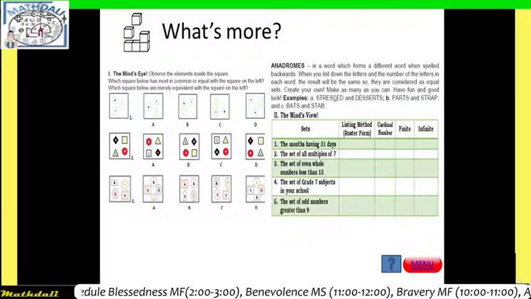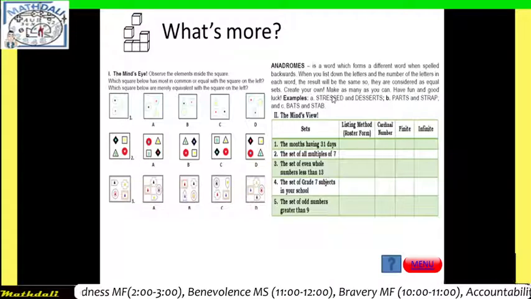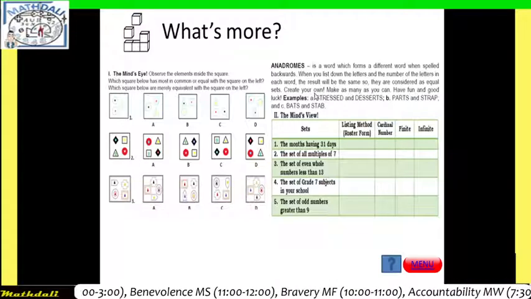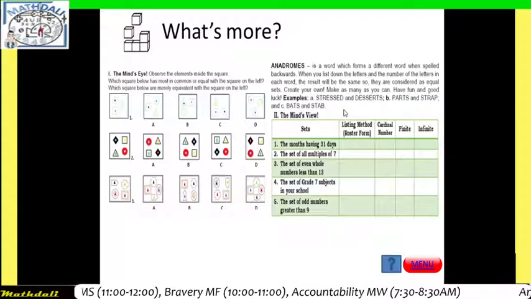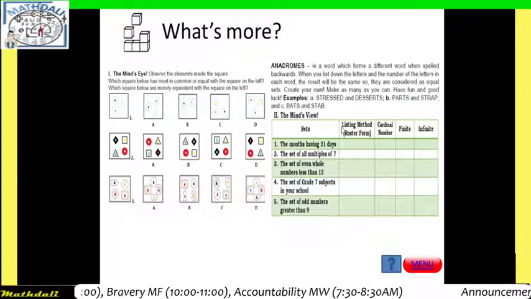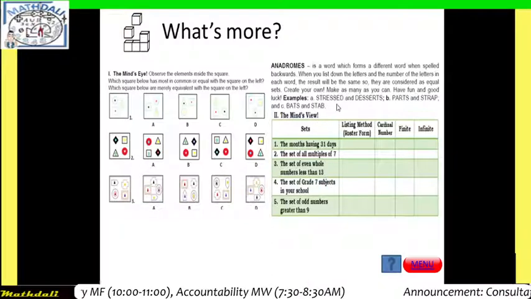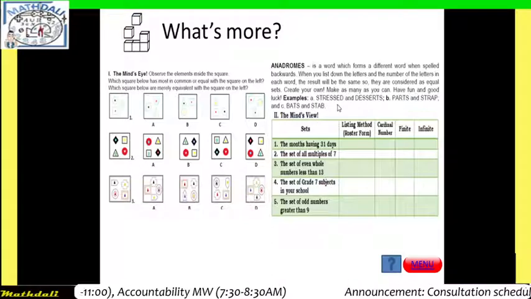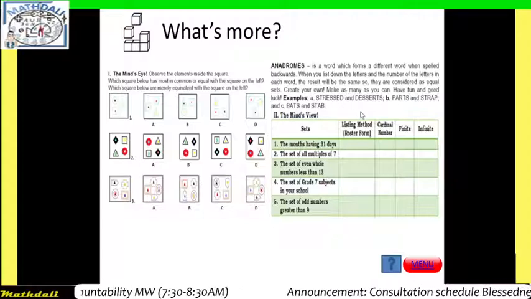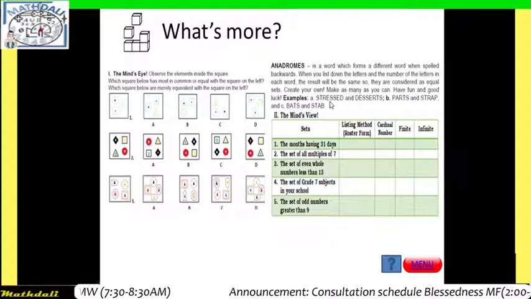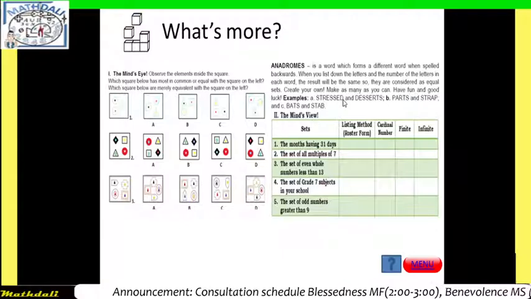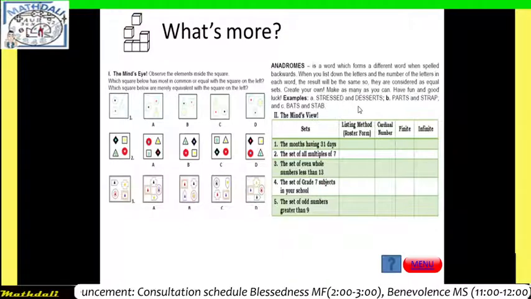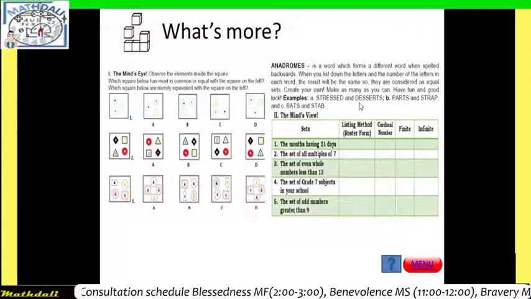Create your own. Make as many as you can. So determine kayo or mag-identify kayo ng mga words na kung saan pagka in-spell ninyo backward, you will have the same number of element. Wala kayong dadagdag the letters. You can be able to form another word from that word. Example, stress. If you are going to spell this backward, that will become deserts.